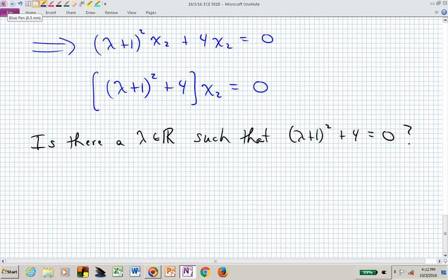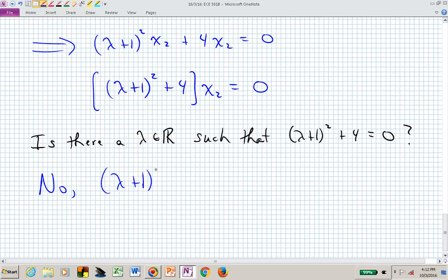Lambda can take on real values all day long, and what lambda would minimize that expression or get it as close to 0 as possible? If we let it equal 0, we have 5 on the left. Is there another value of lambda that might make it smaller than 5? Minus 1 would eliminate that squared term, and we have 4. So we can only get down as low as 4 in trying to approach 0 with real values of lambda. The answer then is no, there's no real value of lambda.